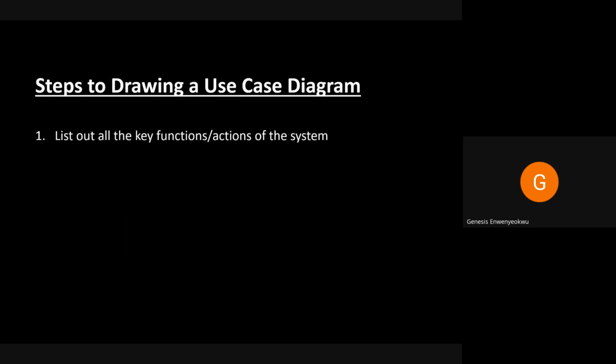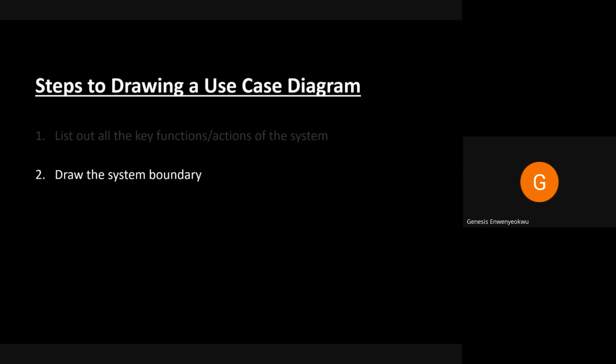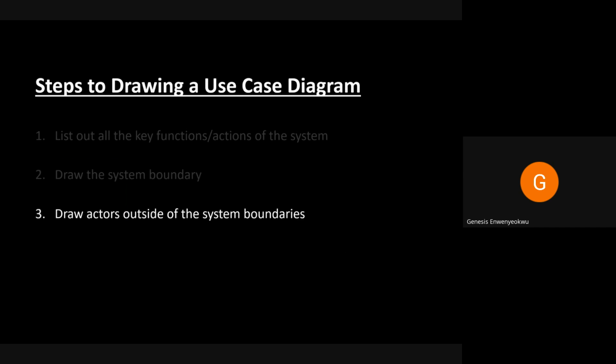List out everything, right? By the time you list out all the actions and functions that will be performed on the system, the next thing you have to do is draw the system boundary. So you draw the rectangular shape, which is your system boundary. After drawing your system boundary, the next thing will be for you to draw your actors.